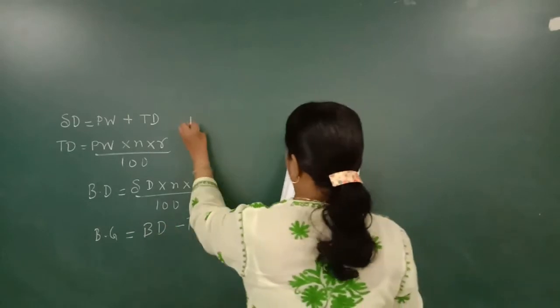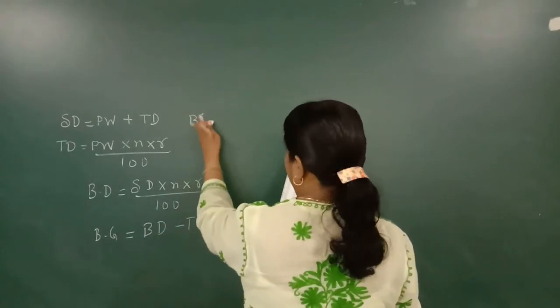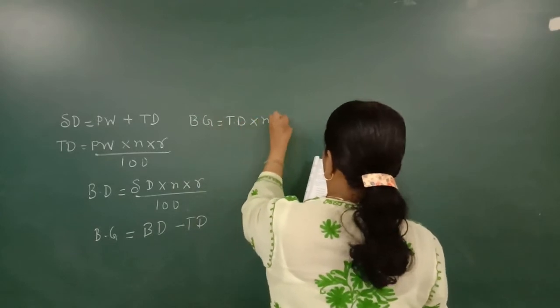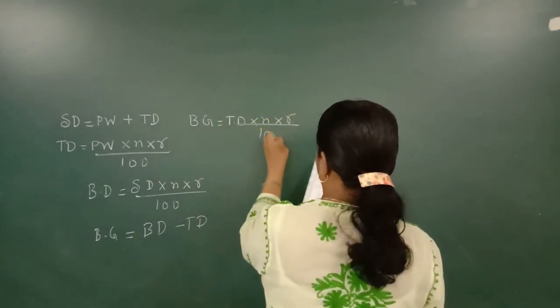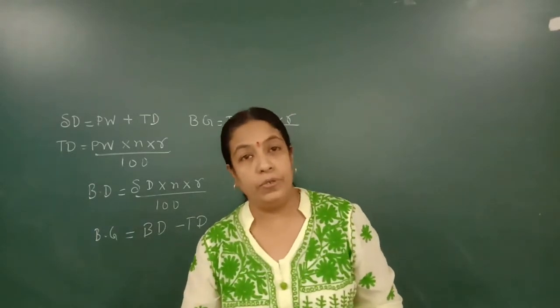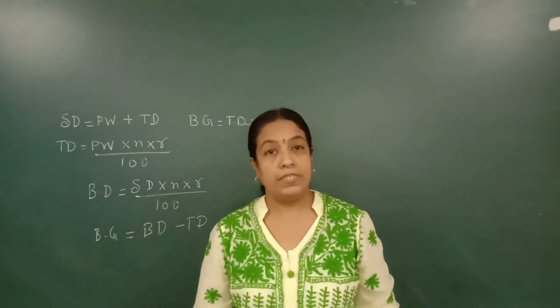Or one more formula is there, bankers gain is equals to true discount into N into R upon 100. This is the list of formulas which we are going to study while doing the sums.